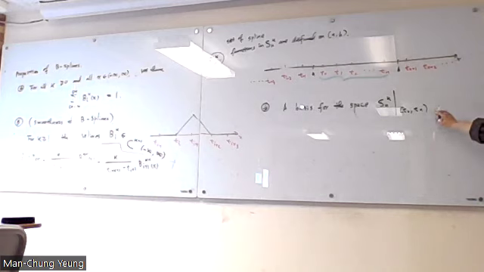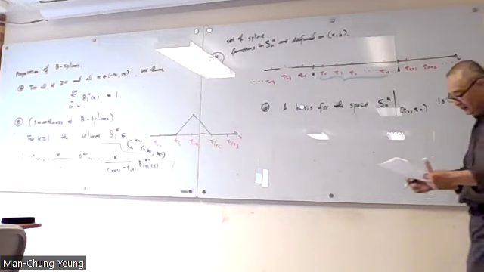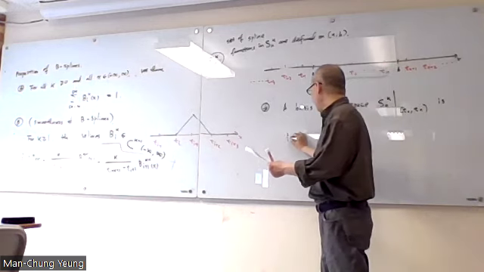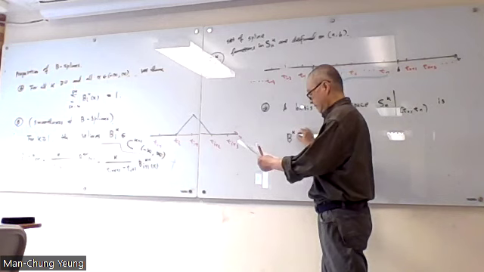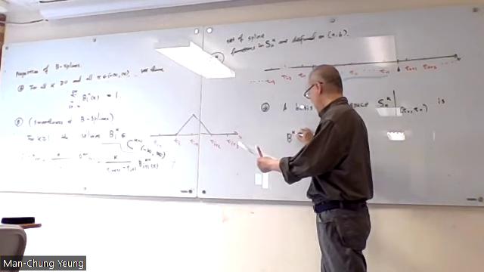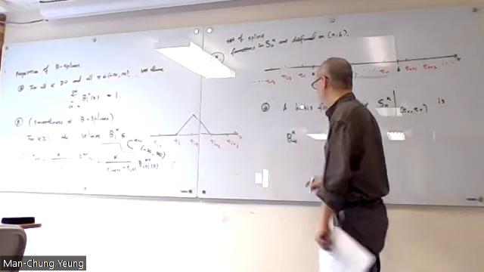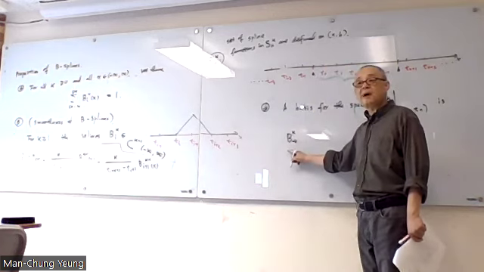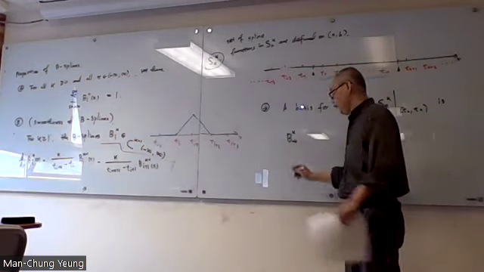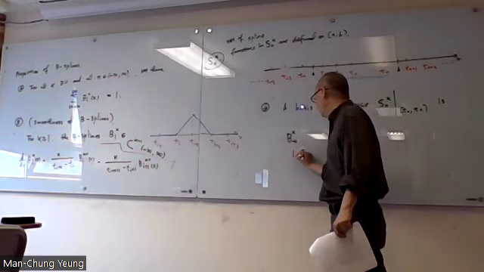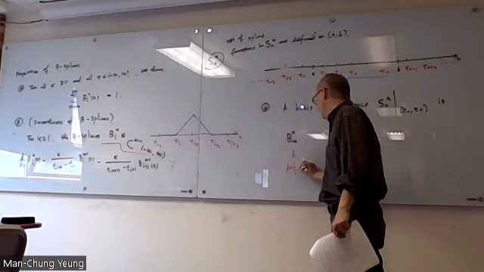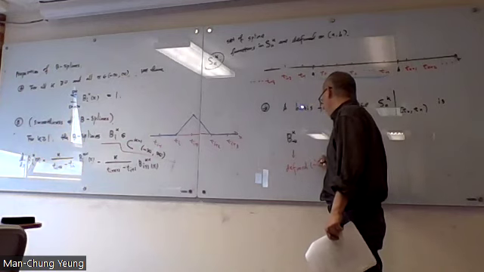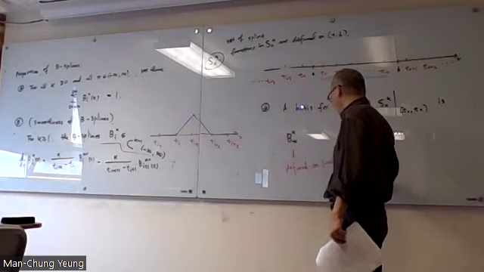A basis for this space is the following: basic spline B_{-k,k}. This function is defined on negative infinity to positive infinity.